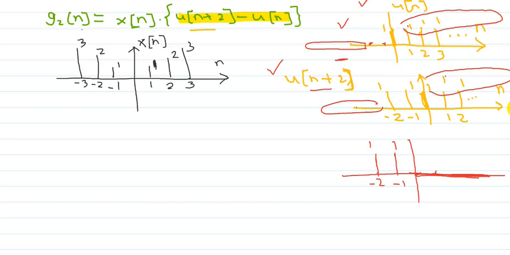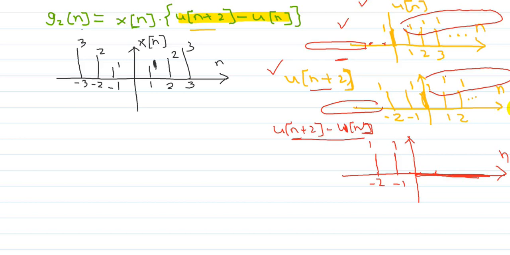Let me write it here: u of n plus 2 minus u of n. Okay, so we were able to find u of n plus 2 minus u of n here.